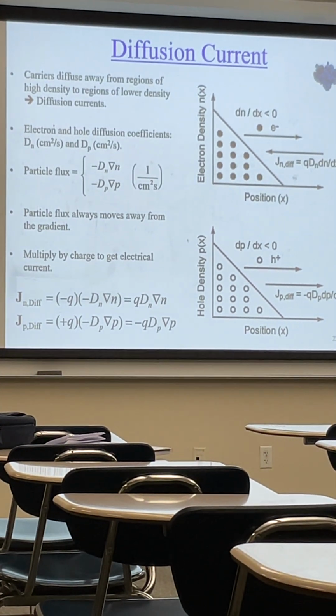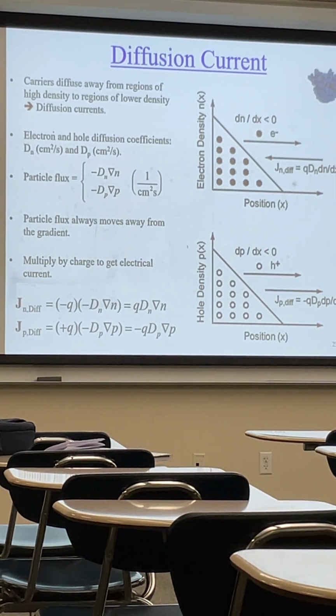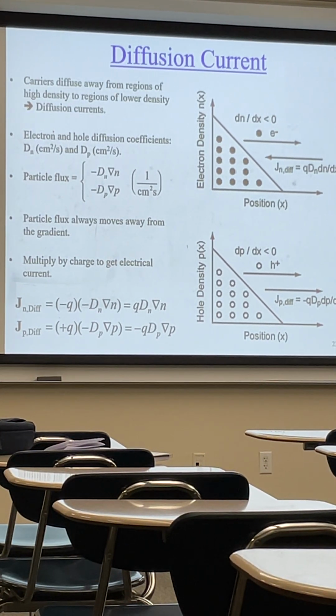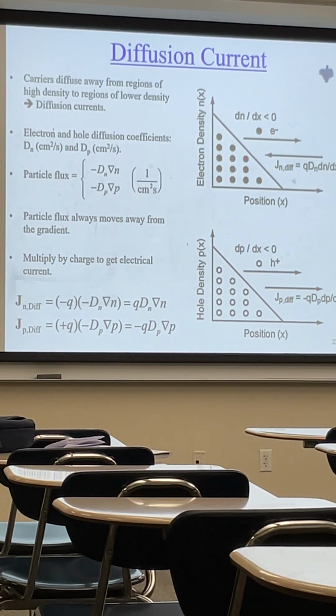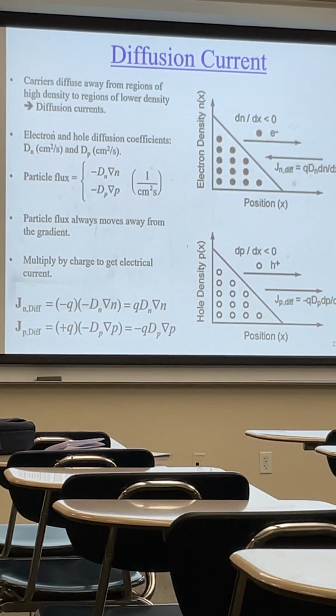You can see for electrons, in this case, the diffusion current is pointing to the left. This is because electrons are negative charge. If electrons move to the right, then the corresponding current will move to the left.